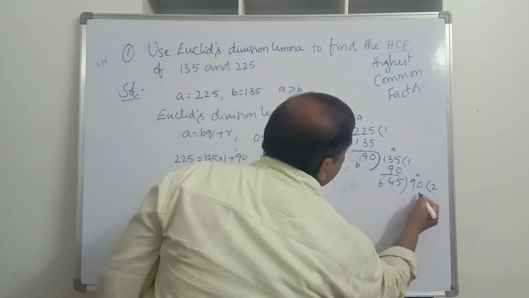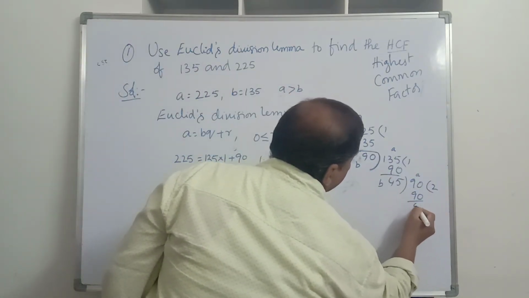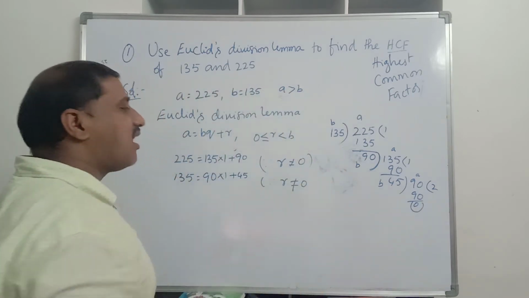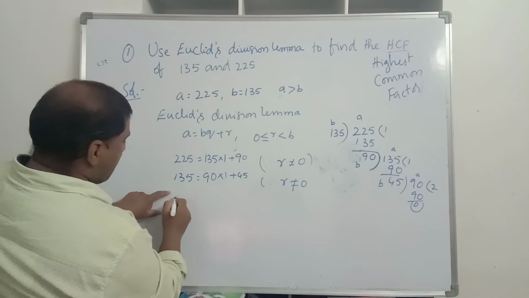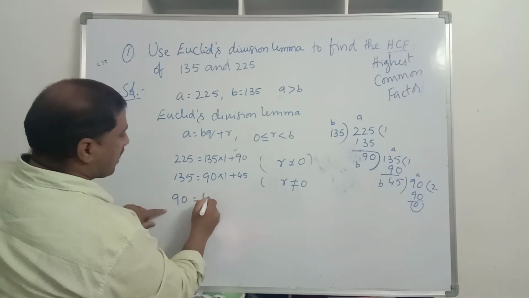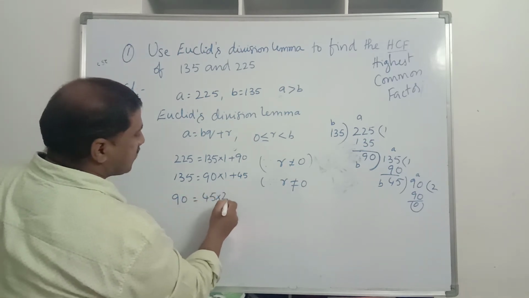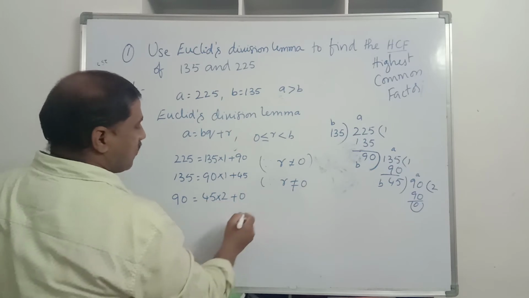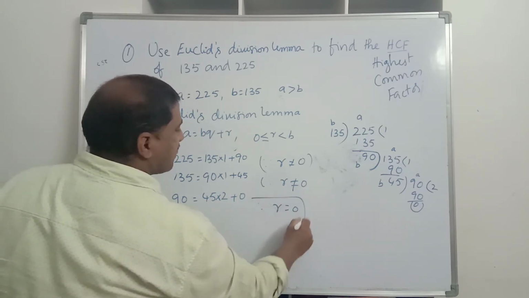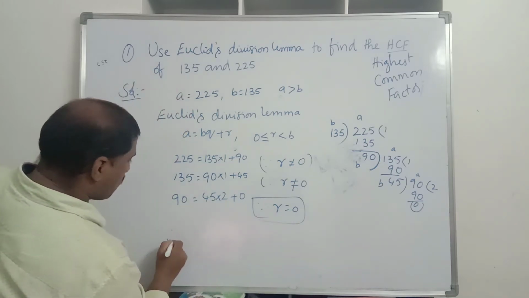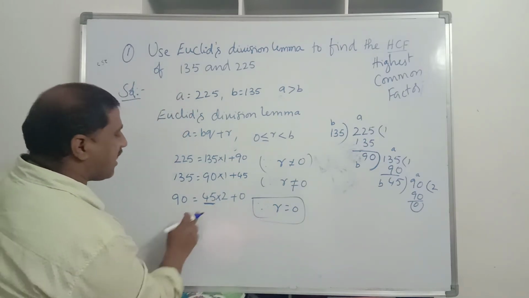So now we divide by 45. 45 twos are 90. So 90 minus 90 is 0. Now we got remainder 0, and quotient 2. So the next step is 90 is equal to 45 into quotient 2 plus remainder 0. Since the remainder is equal to 0, what is the b value here? It is 45.